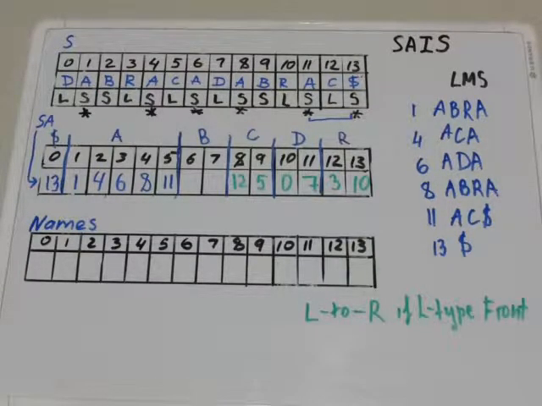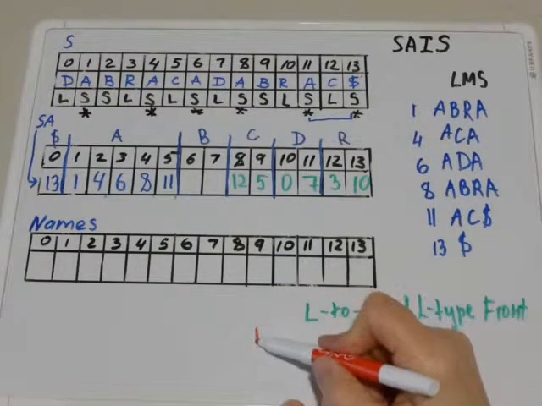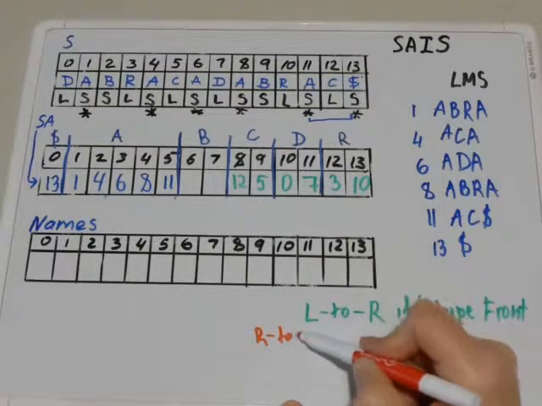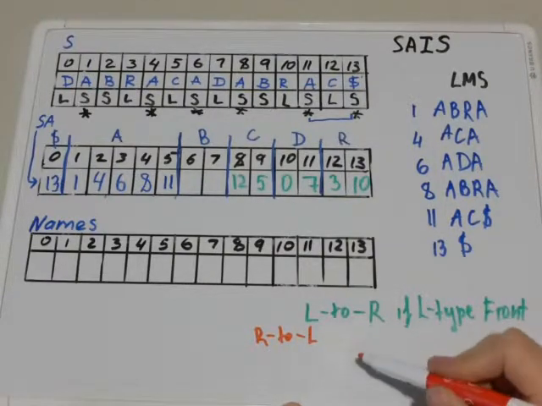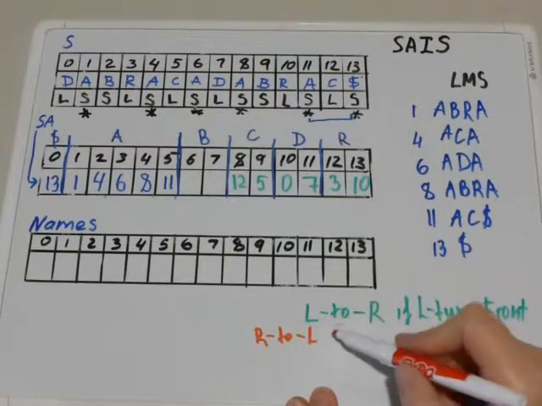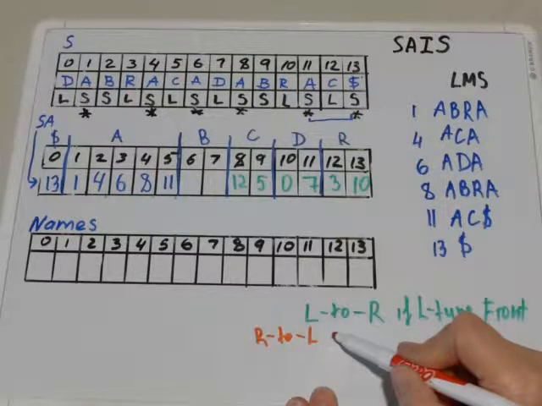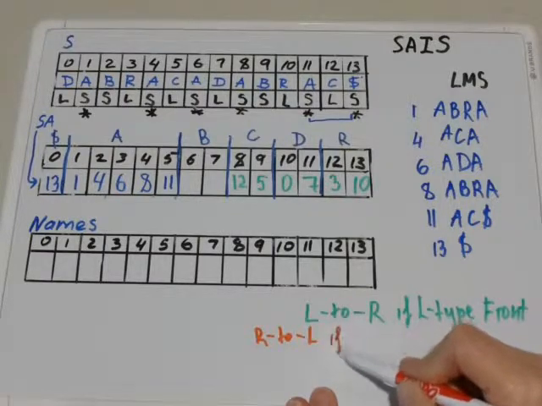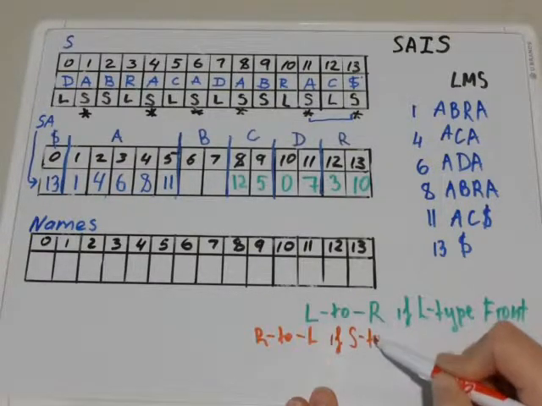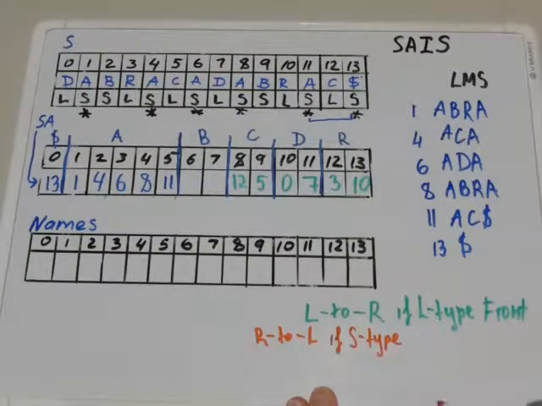Now we're going to do right to left scanning, and if SA at current position i minus 1 is of S type, put that position in the back of the corresponding bucket.